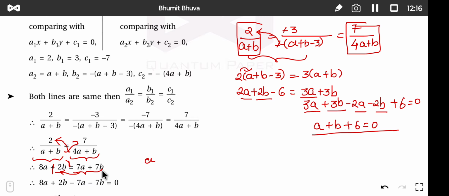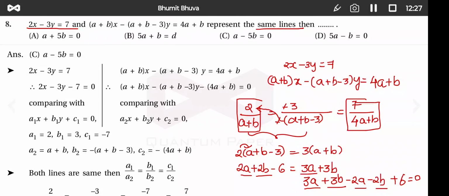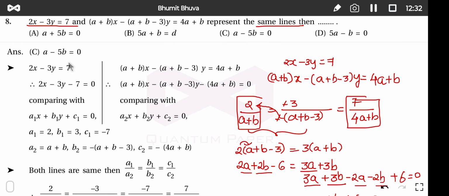Then 2b minus 7b, that will be minus 5b, is equal to 0. This is the answer we'll get. So our correct answer will be 5a minus 5b is equal to 0 by taking the first and the third ratio. Okay, correct answer.